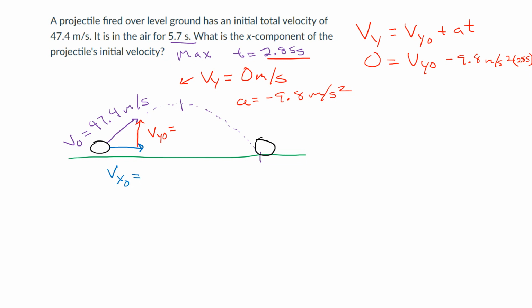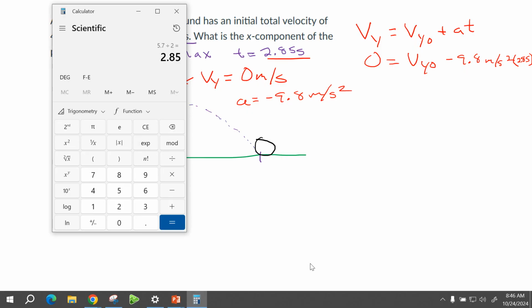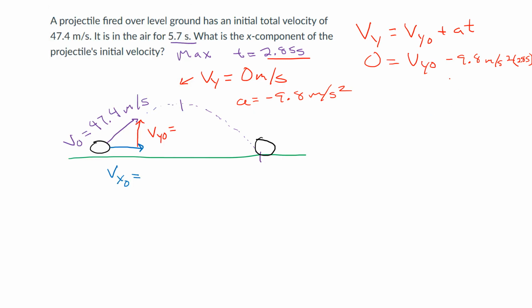So let's do that on our handy dandy calculator, shall we? 2.85 times 9.8, but it's a negative number, so it'd be negative 27.93 meters per second. We're going to add that to both sides.